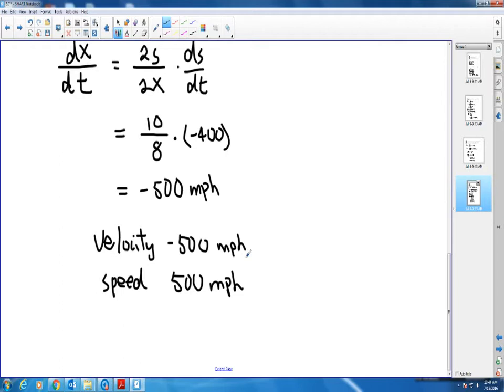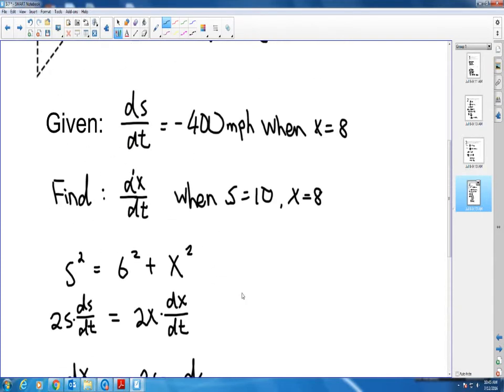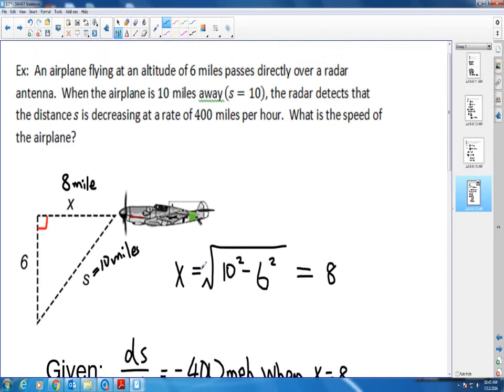We can talk about how fast the airplane is coming towards us. Now, be careful, the negative 400 does not necessarily mean the speed of the airplane.